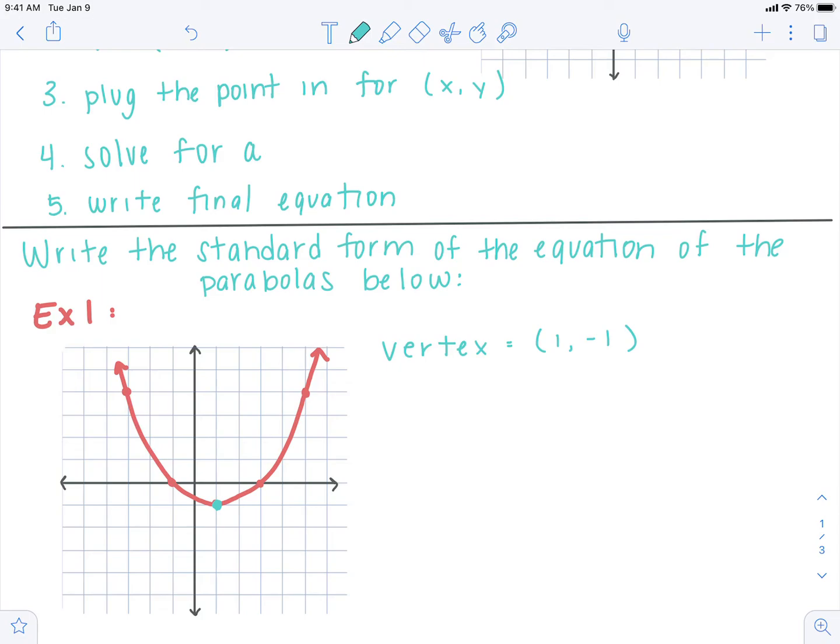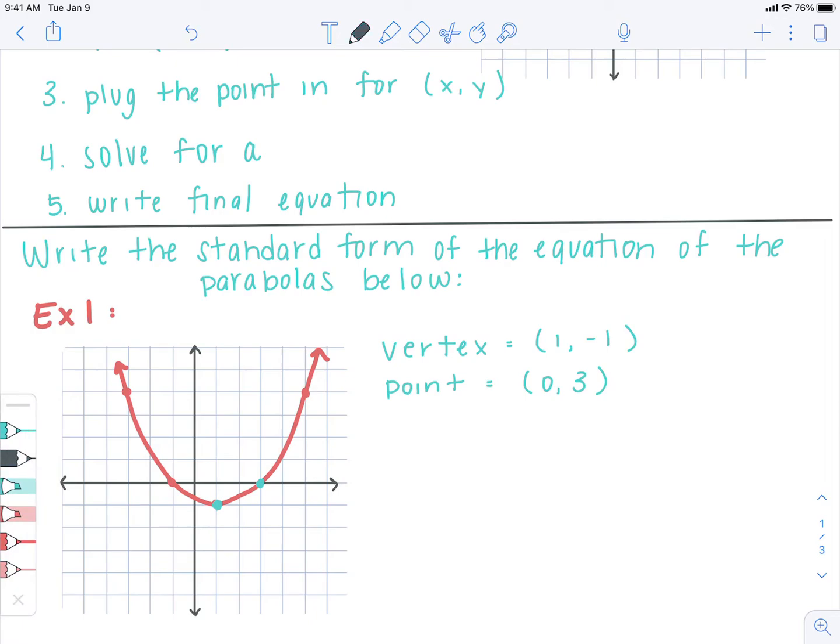Then I'm going to pick another point on the graph, and I personally prefer positive numbers. So I'm going to use this one because I want positive numbers. I don't want to use the other side of the graph because then I'm going to have negative numbers. So I'm going to use the point (0, 3).